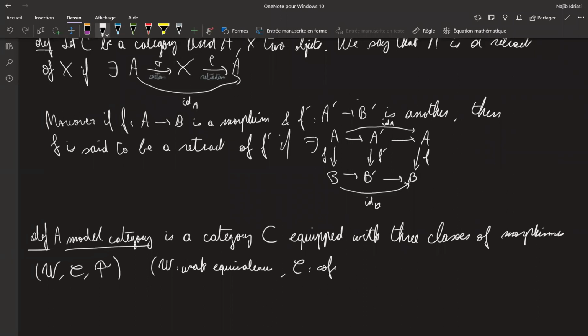C is for cofibrations. And F is for fibrations.